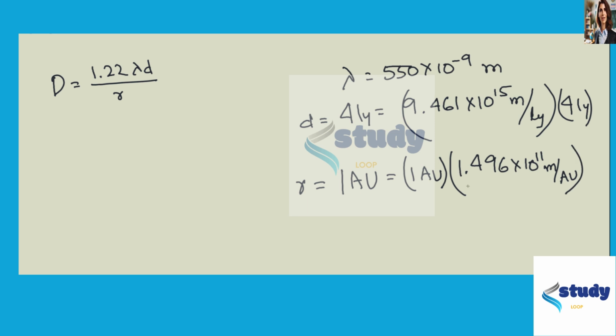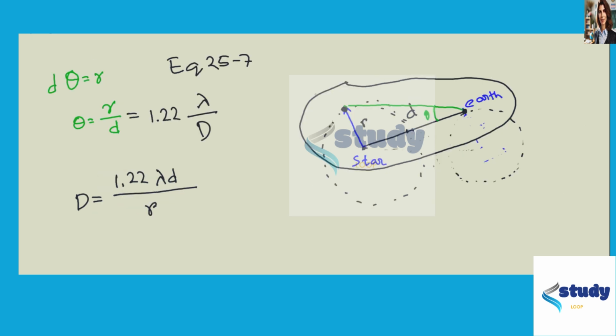So we get rid of AU and we have meters here. If we plug in all the numbers, we get D as 0.17 meters, or roughly 17 centimeters. So that's the minimum diameter that we need to resolve the planet and the star.